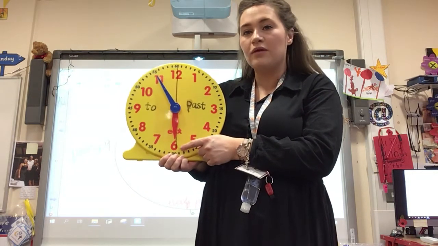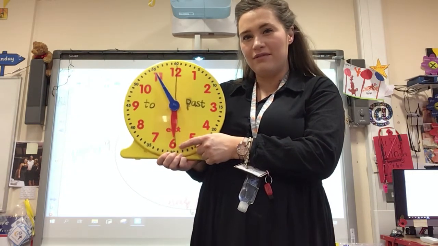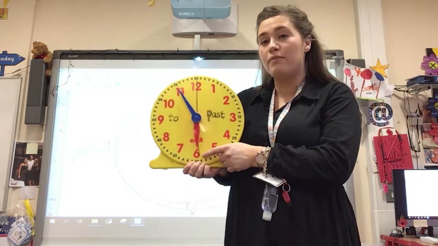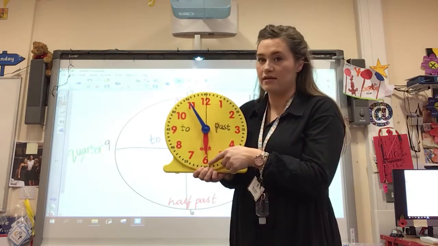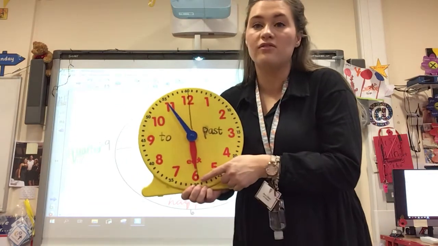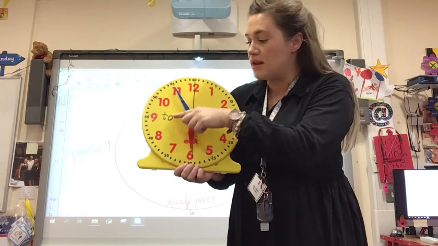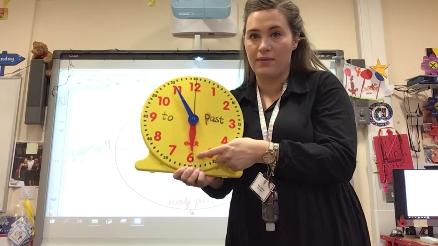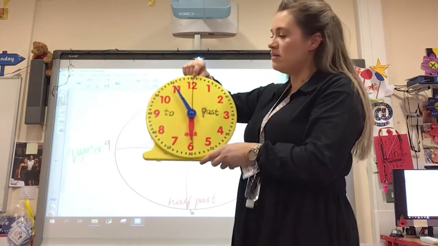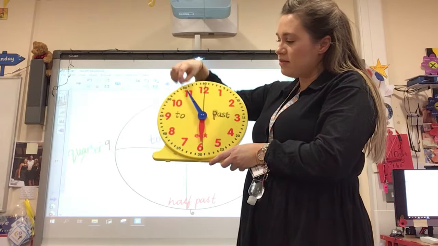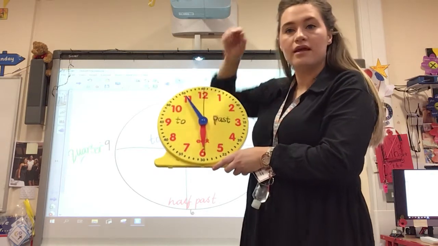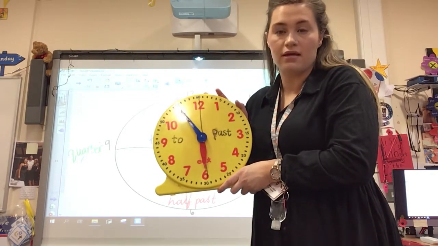Okay. Now, some people might say, well, that says 11:30. Now, if it was half past, our minute hand would be on the 6, not our hour hand. So we know that because our minute hand is at the 11, we're going to have to count in minutes to 6. Okay? So let's count backwards. 5 minutes to 6, or 5 to 6.